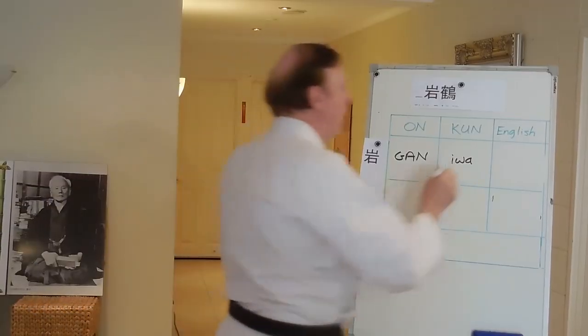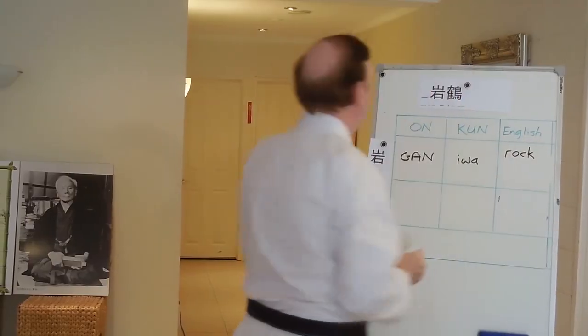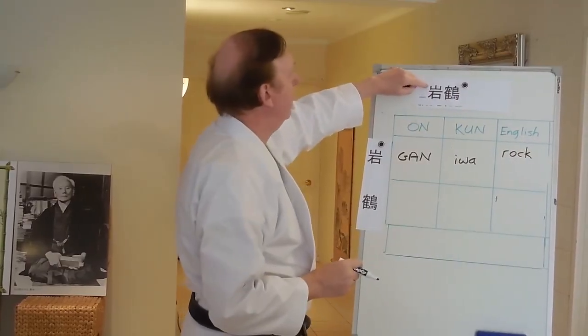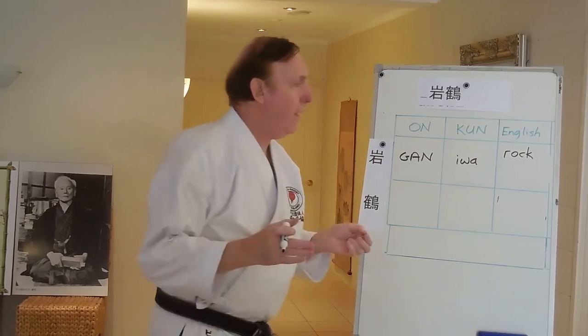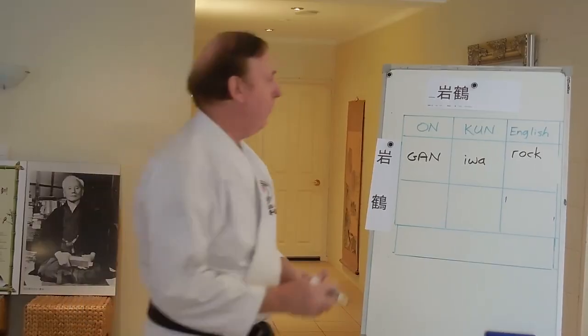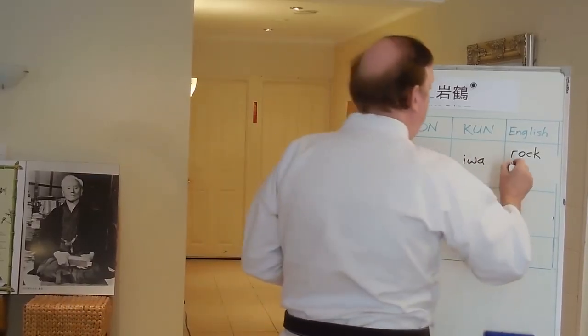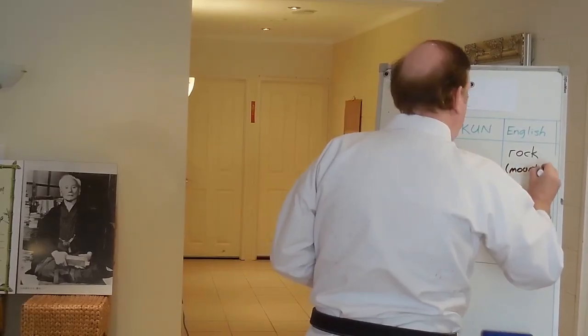Now, iwa means rock. You can probably see at the top here, this is the same kanji as mountain. So we have a rock being a big mountain, not a small rock on the floor. So the idea perhaps of a mountain or a high peak.